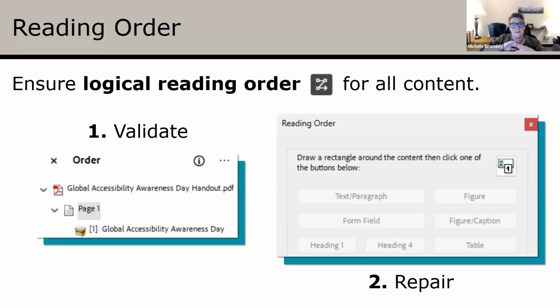This is one of your most powerful tools for fixing broken reading order, and another spoiler alert, for fixing inaccurate tags. In the reading order dialog box, you're able to draw a rectangle around misrecognized content and select a new tagging option.